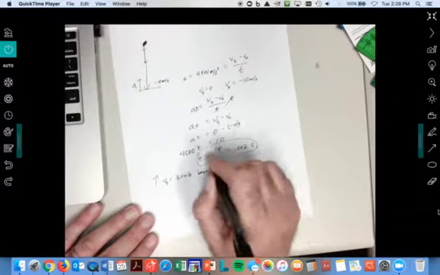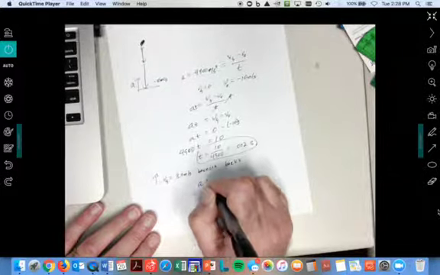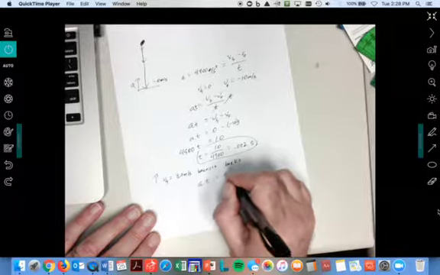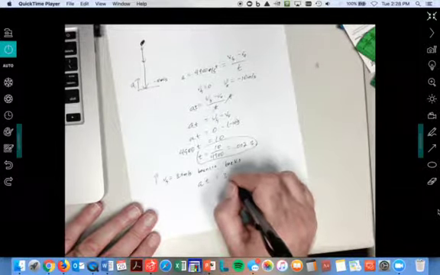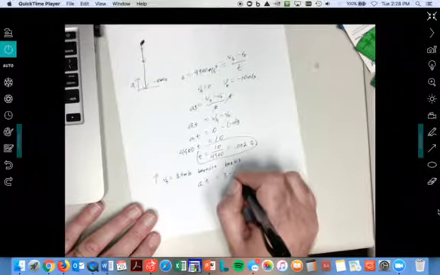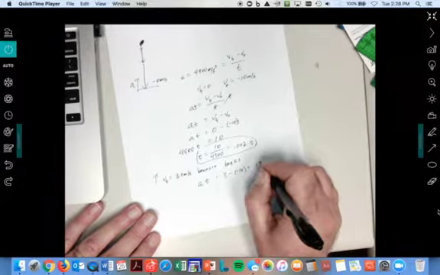Let's plug it in here where we've got a t. And we're going to say the t is still the same. a t is equal to 3 minus negative 10. So that comes out to be positive 13.